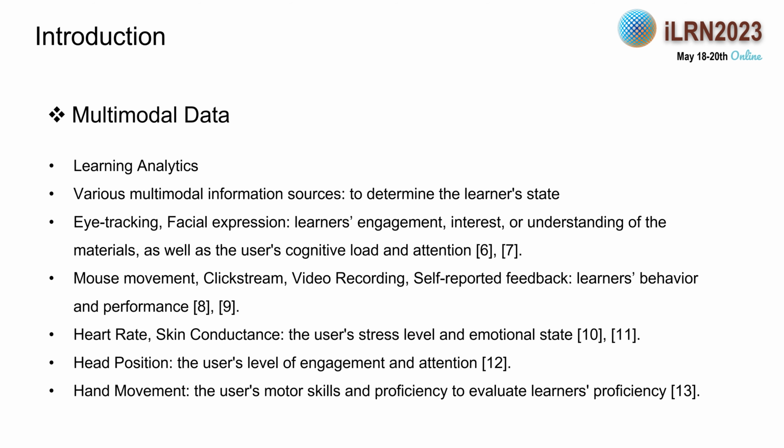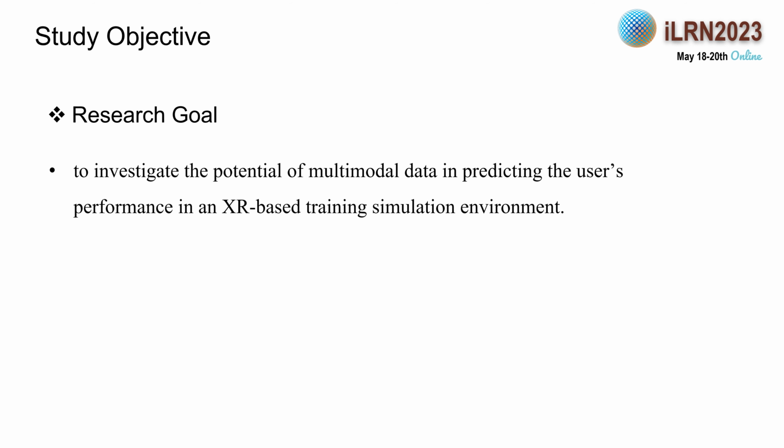Based on these previous studies, this study investigates various multimodal information sources that can be utilized to determine the learner state, and proposes future study directions based on these findings.